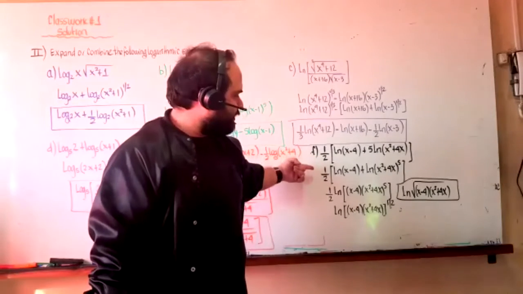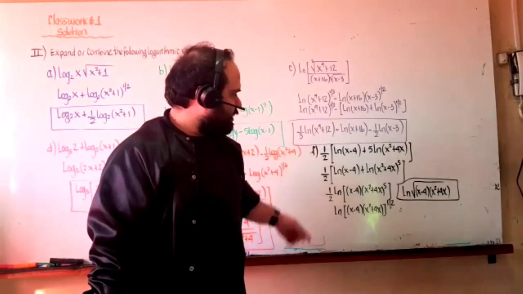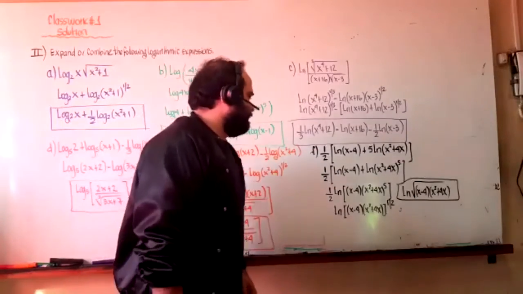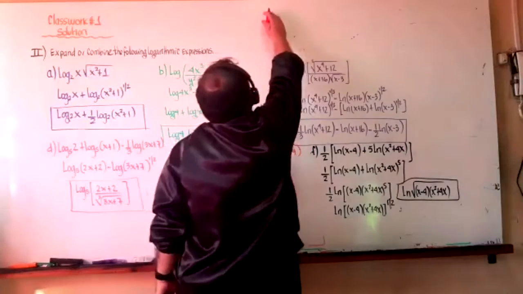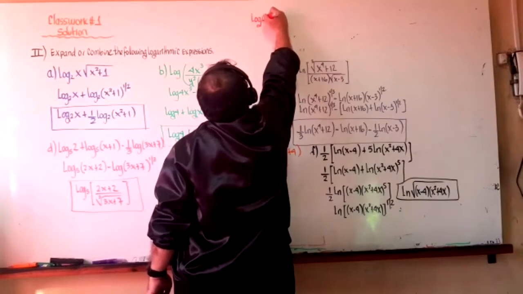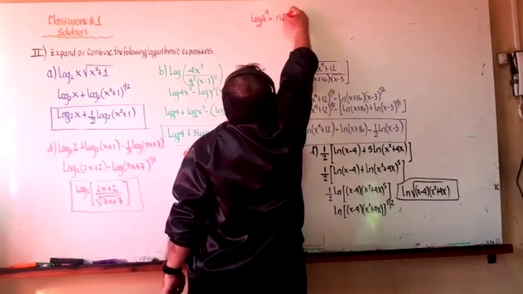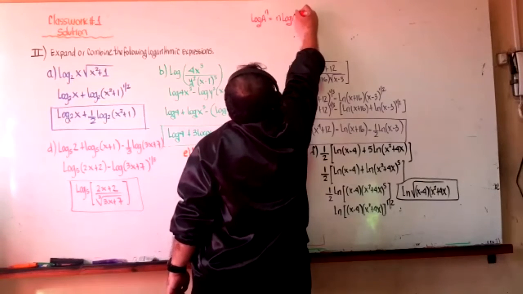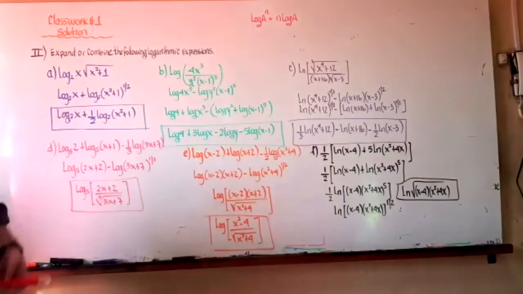There's an exponent that says 5 on the x squared plus. Well, this is what I'm saying. Remember the rules of the logarithm expressions. If I have, for example, log base A of x elevated to the n power, that will be equal to n log base A of x. This is what I'm talking about, the rule number 3.